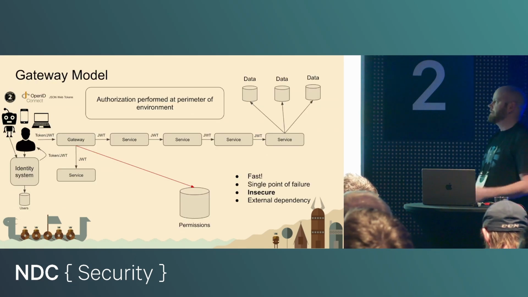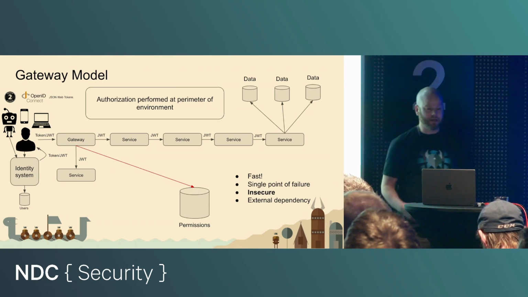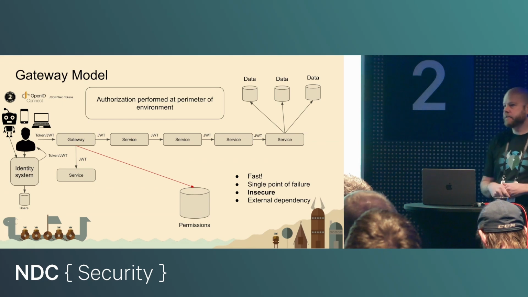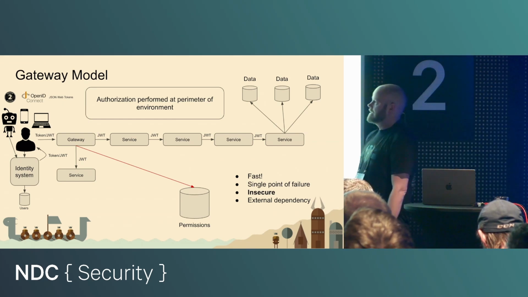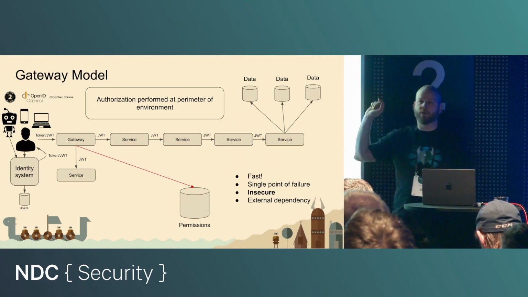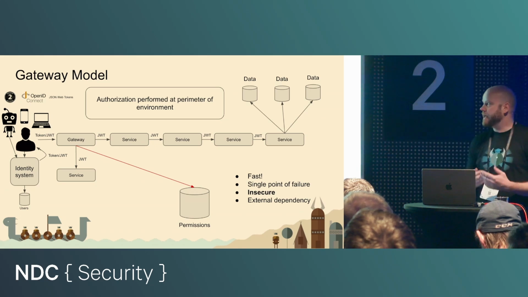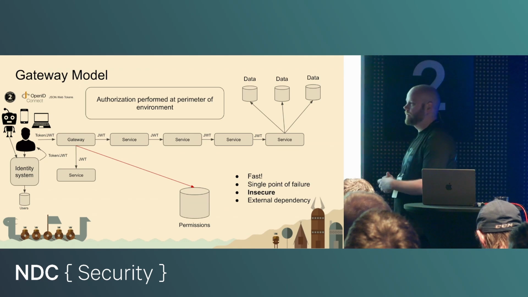So this is kind of the cheap way of solving this. It's a bit of a shortcut, but it's been a very popular shortcut for the last 10 years or so. It basically says it's expensive to do these checks, so let's just do them once. Let's just do that in a gateway or somewhere in the perimeter of our systems.